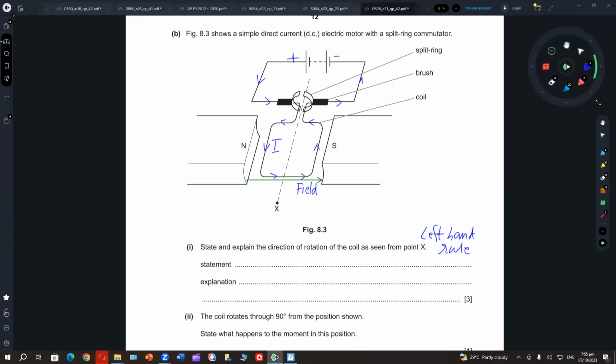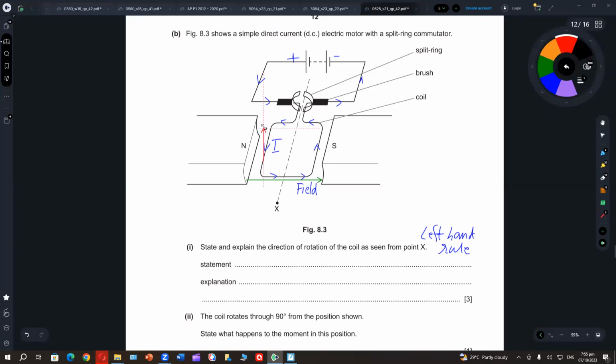So for Fleming's left hand, the direction of rotation of the coil is seen from point X. You have to put the left hand rule first on the left hand side. You have to see that the current is coming towards us. The thumb points towards the direction of the force, and the four fingers point towards the direction of the magnetic field.